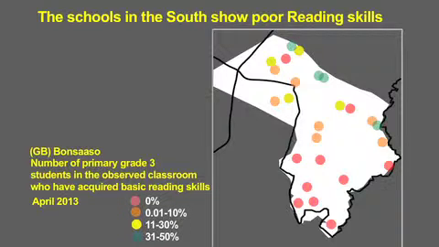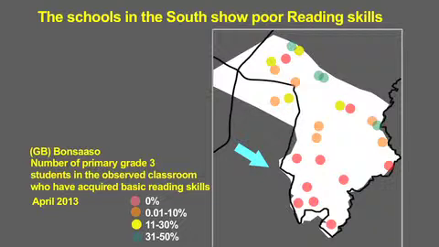So it shows the reading levels of children for this particular cluster, and it shows that the schools in red seem to be located in the south part of the cluster.